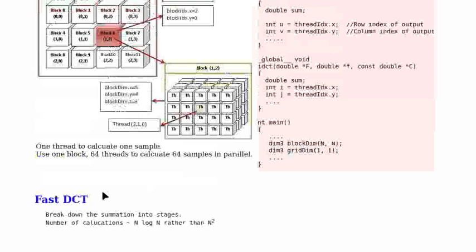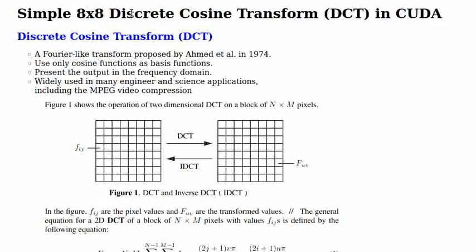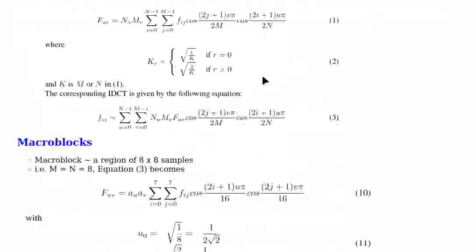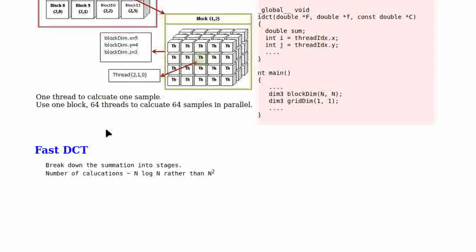So this is a simple, straightforward 8x8 implementation of DCT and IDCT. Actually, there's a method that can speed up the process called fast DCT. In this method, we could break down the summation into stages, and the number of calculations will be essentially n times log n, rather than n squared as we have here.